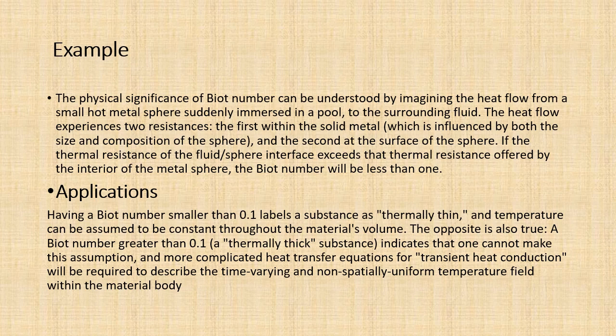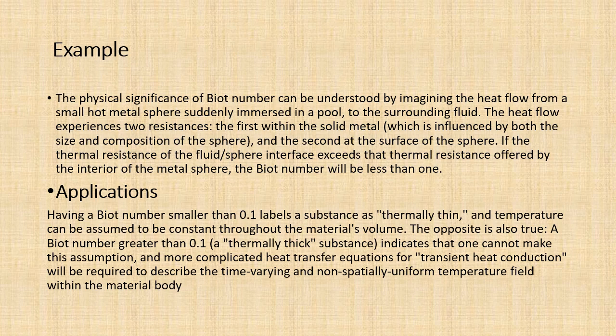Now talking about applications, if we have a Biot number less than 0.1, the substance is called a thermally thin substance, and temperature can be assumed to be constant throughout the metal's volume.